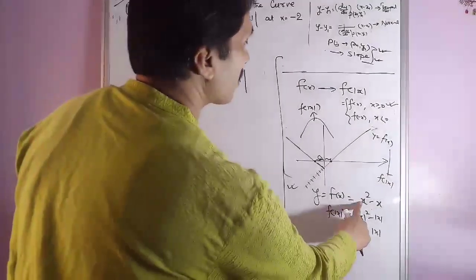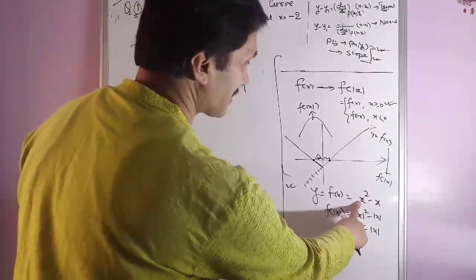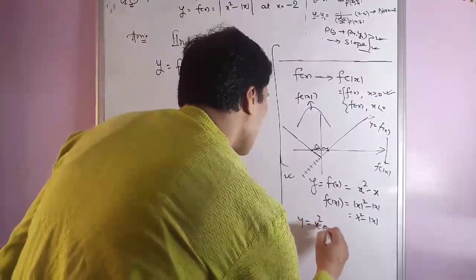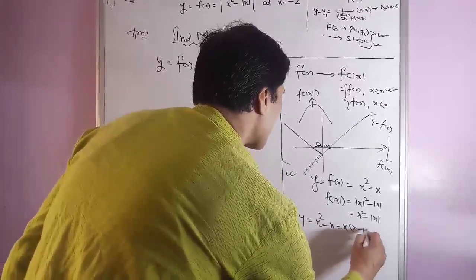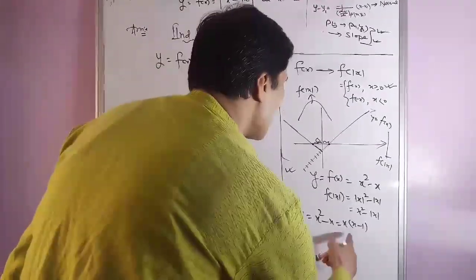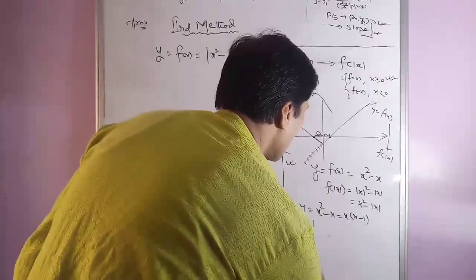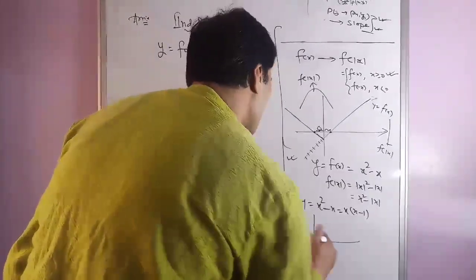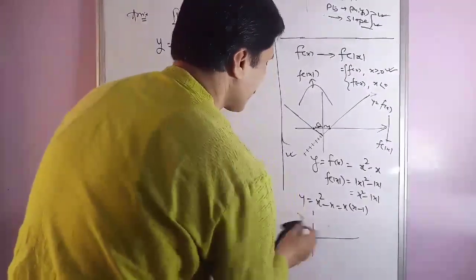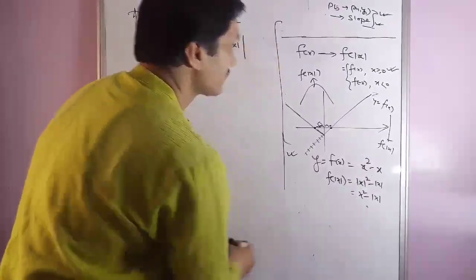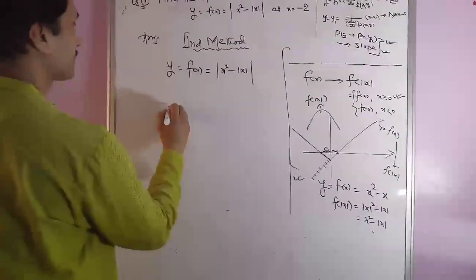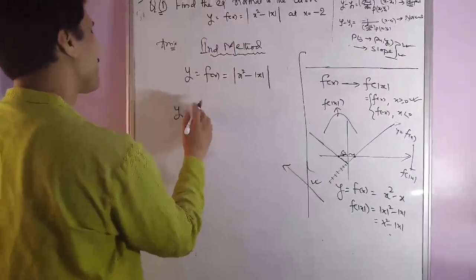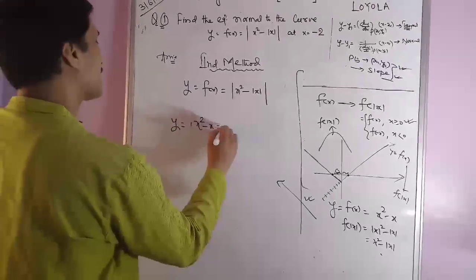So first we draw the graph of y equal to x square minus x, that is x into x minus 1, and the corresponding roots of the equation are 0 and 1. So here the main function is x square minus x.